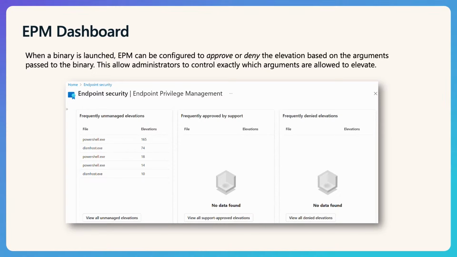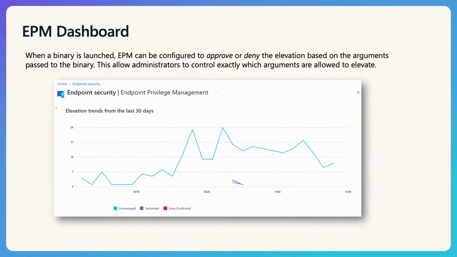So depending on the user personas you have inside your environment, you can also have different elevation rules. And of course, we have the trend elevation. So you can see this is from my demo environment. And even with a demo environment with a few users, there is still elevation ongoing on a daily basis, at least from an unmanaged perspective. But you will also be able to see your automatic and user confirmed as well.